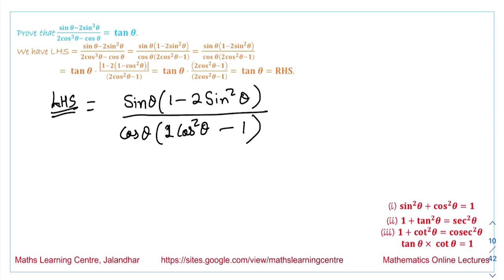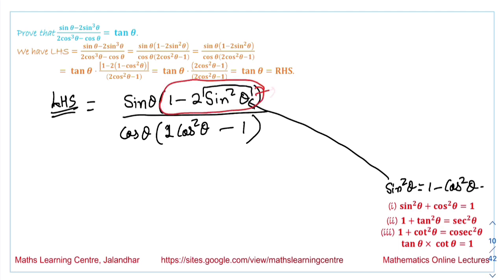Now suppose we are converting this sin square theta to cos square theta. So what we have is that sin square theta is equal to 1 minus cos square theta. You substitute this value in this, I am talking about this part only. So this will become 1 minus 2 into 1 minus cos square theta.